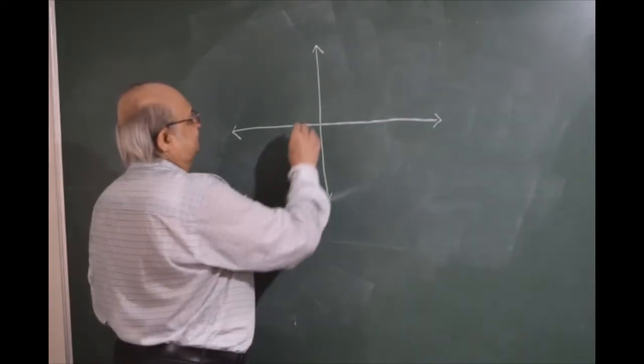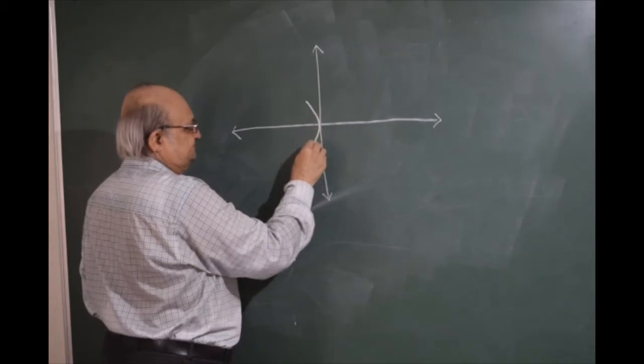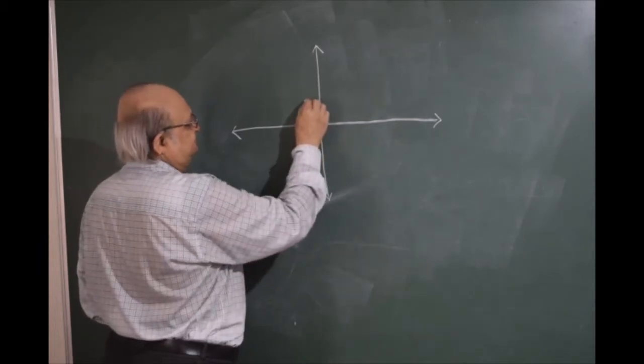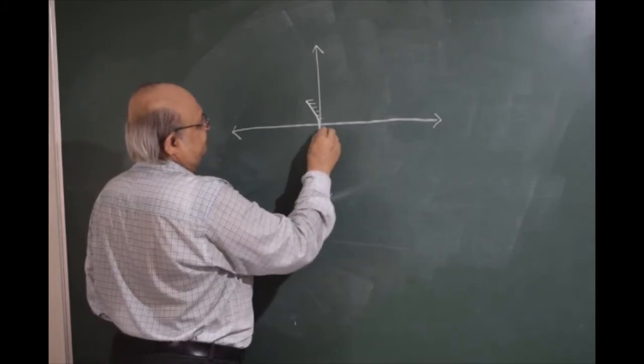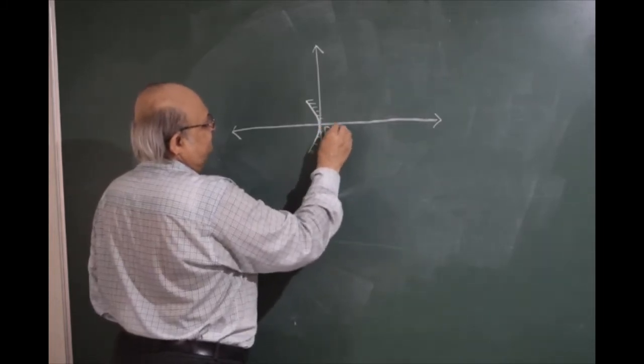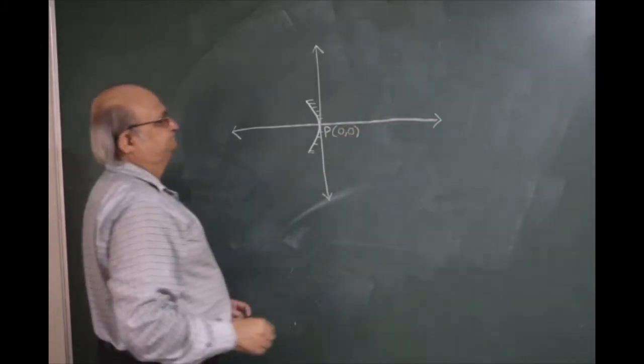Let us take up concave mirrors first. And therefore now this becomes P, and it will have 0, 0.